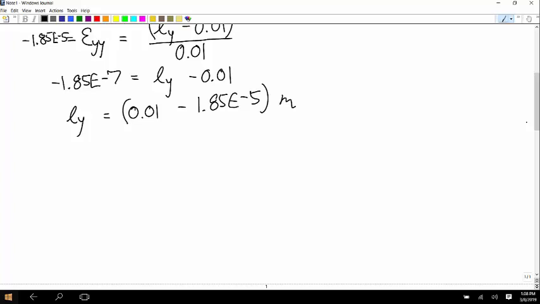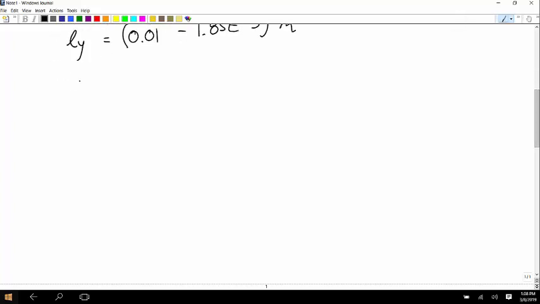So let's go back to internal loads. Internal loads in beams.